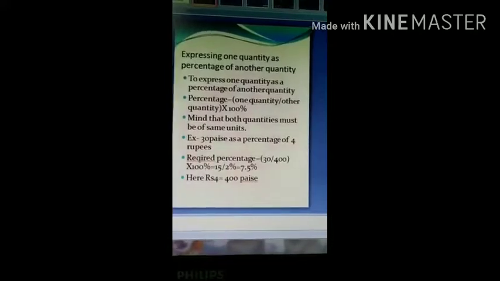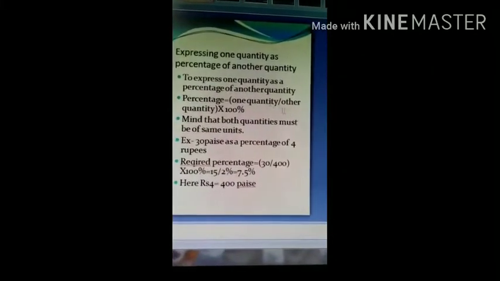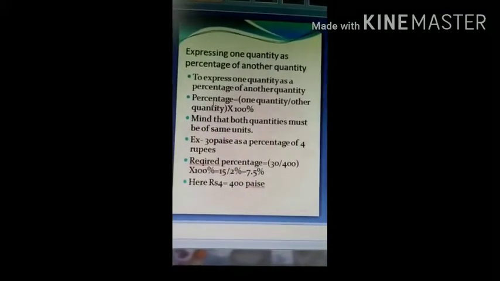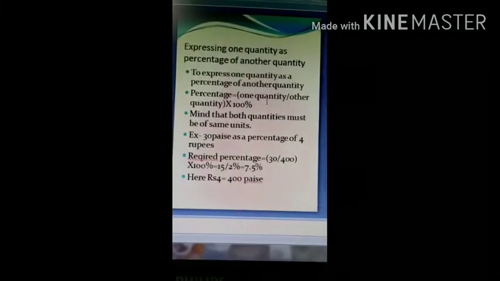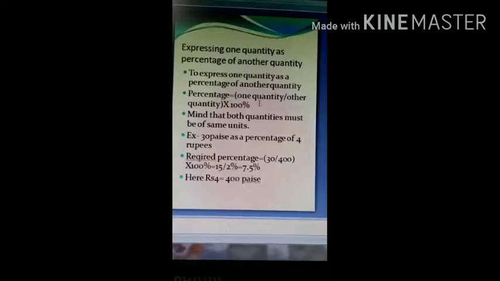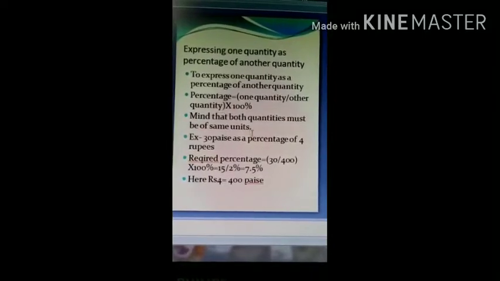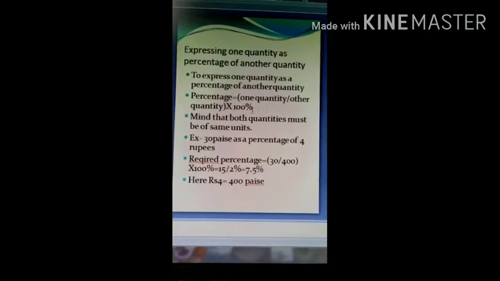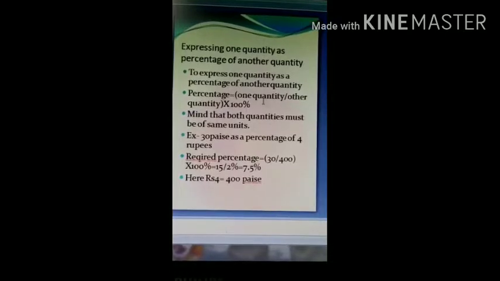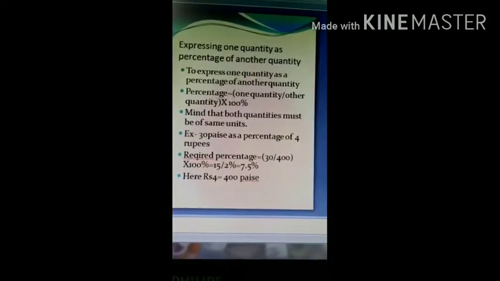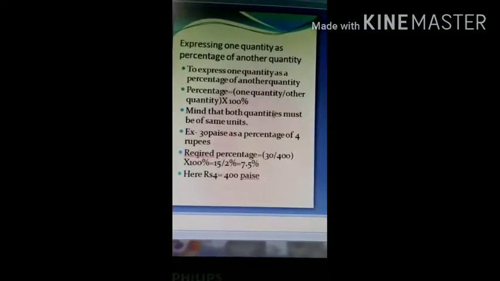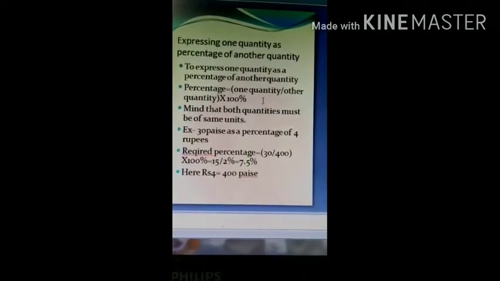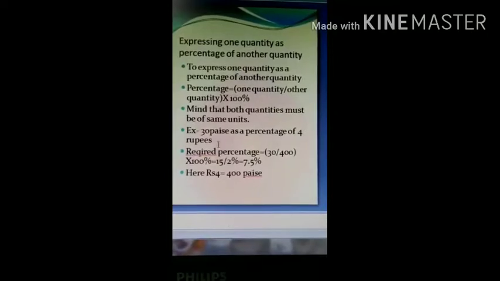We put one quantity over the other quantity and multiply it by 100, and put the percentage symbol. Mind that both quantities must be of the same units. We can also illustrate it with the following example.